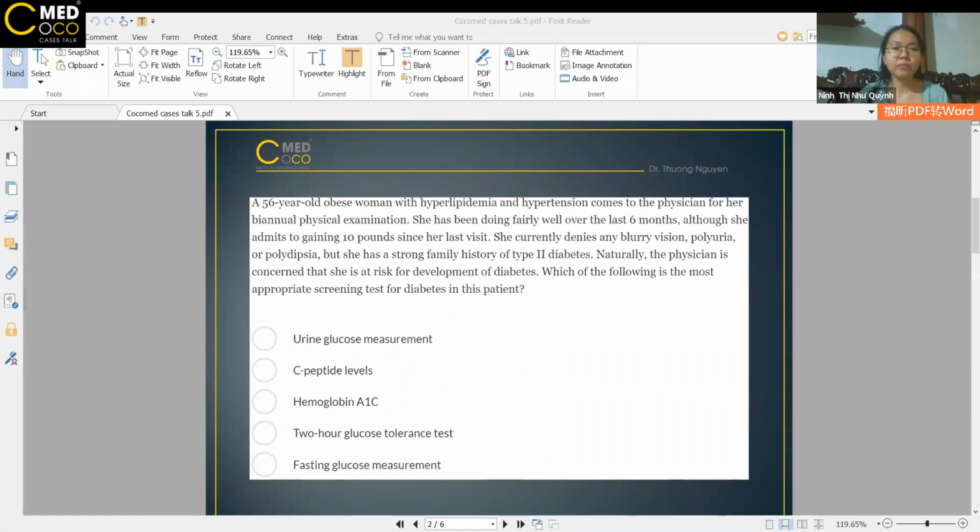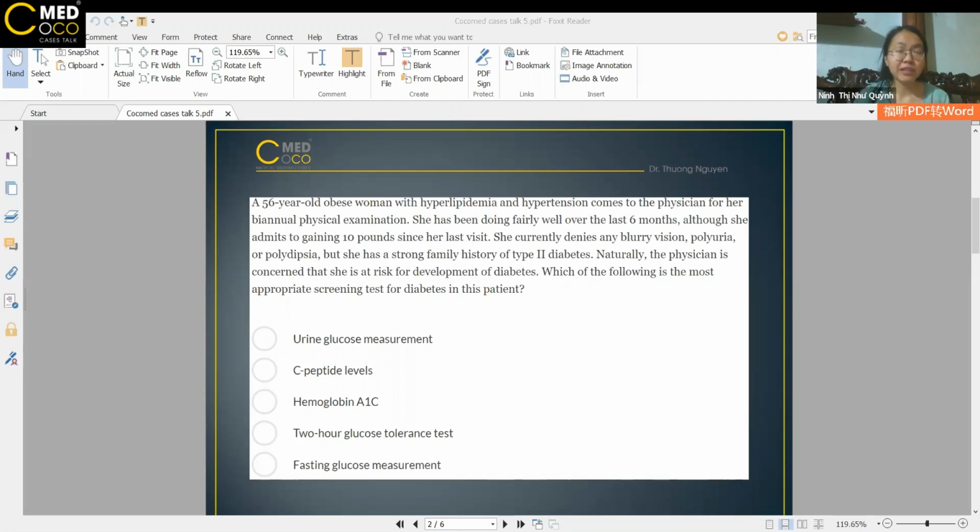That's also the point. With the HbA1c, we may miss the disease, a false negative value. And also, we have some scientific papers that are published. I read on UpToDate.